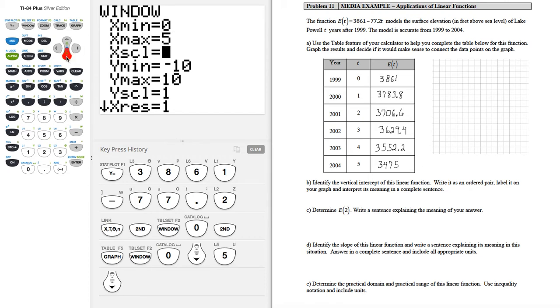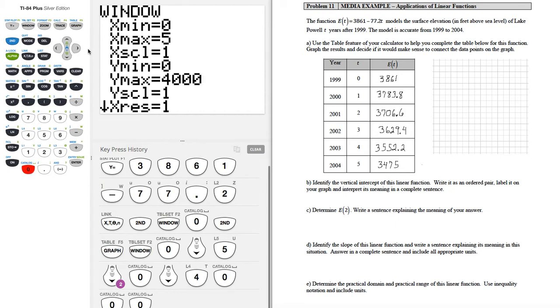Then y min, we can start that at 0. And y max, our vertical intercept is 3,861. This is a decreasing linear function, so I want to be sure to see that 3,861. I'm going to make my y max 4,000. And then I'm going to press graph and see what happens.